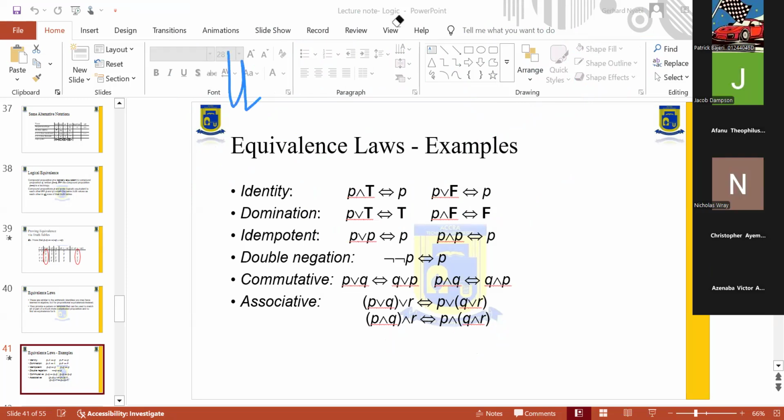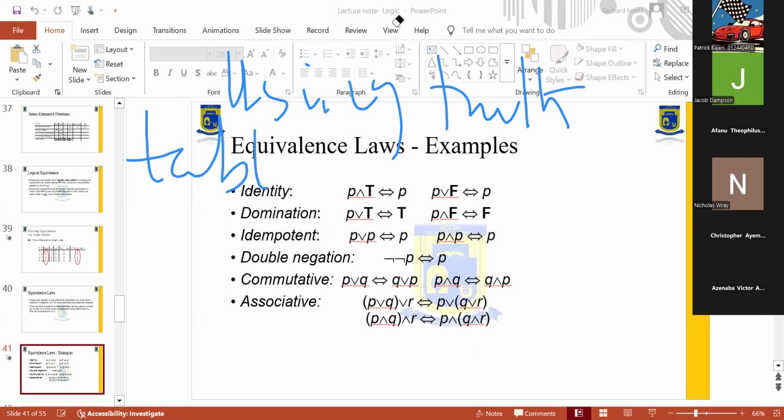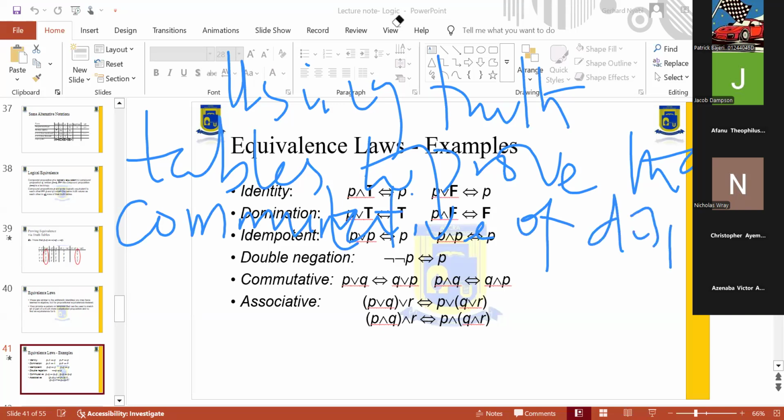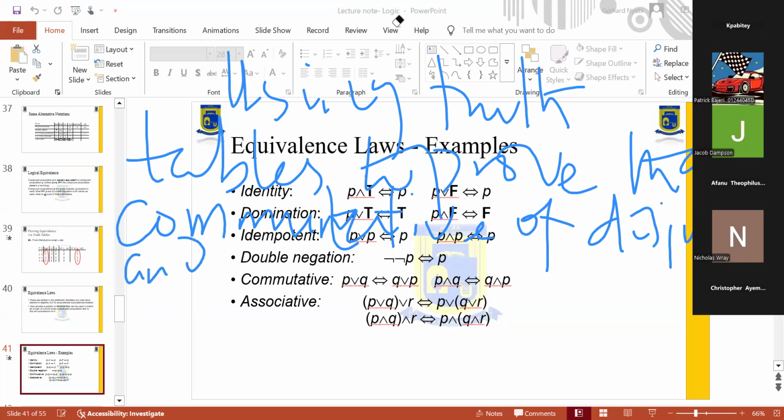Use truth tables to prove that commutative of disjunction and conjunction are logically equivalent.